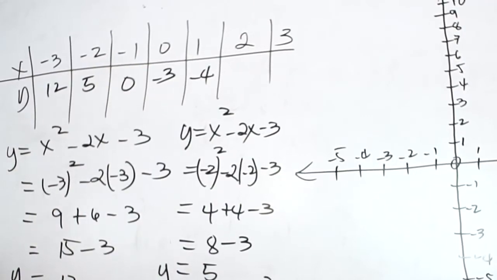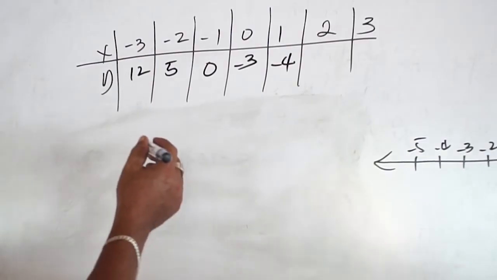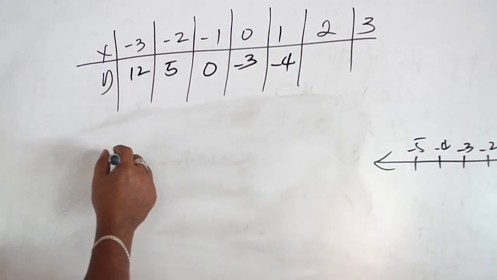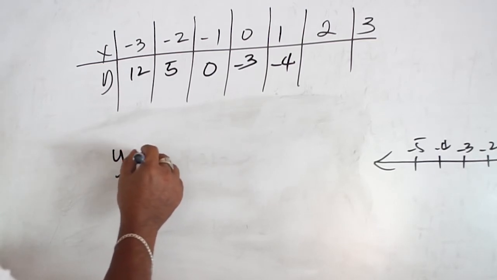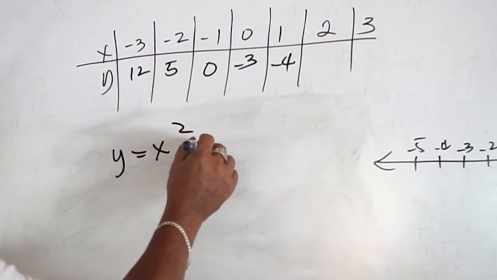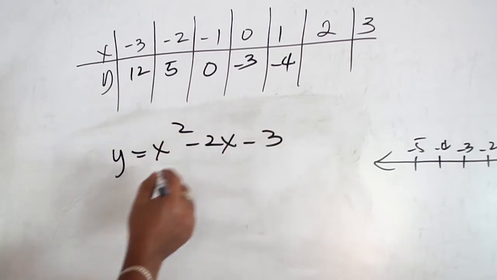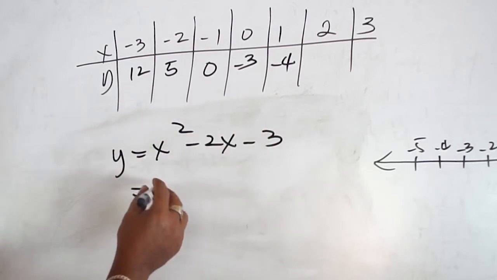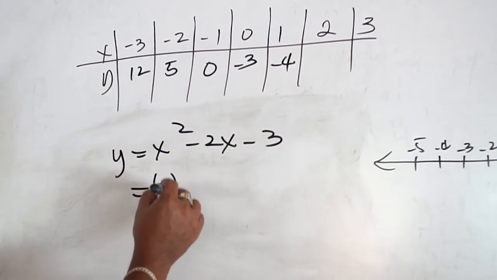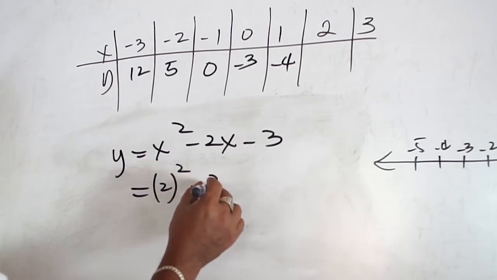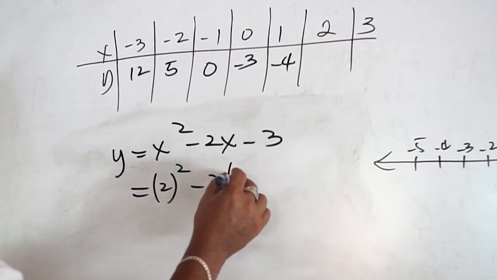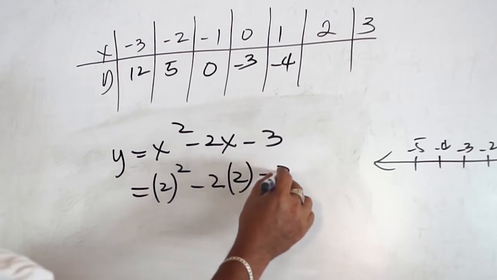Next, if the value of x is positive 2, y is equal to x squared minus 2x minus 3. The value of x is positive 2 squared, then negative 2 multiplied by 2, then negative 3.